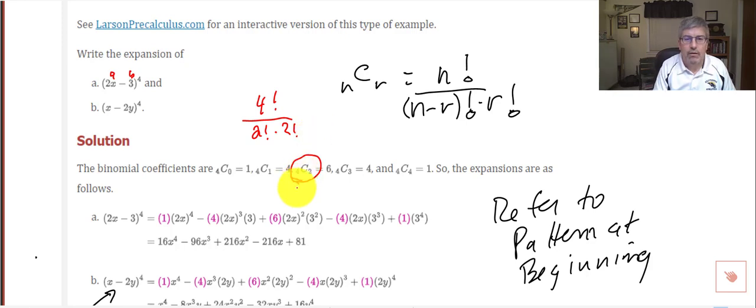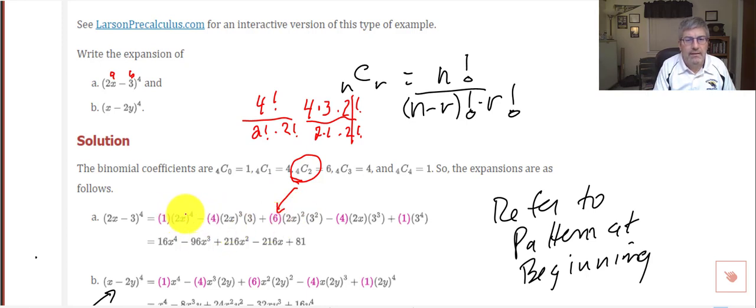So to figure out this coefficient of 6, that's really 4 times 3 times 2 factorial all over 2 times 1 times 2 factorial. So those cancel, and 12 over 2 is 6. So our 6 came from that formula.